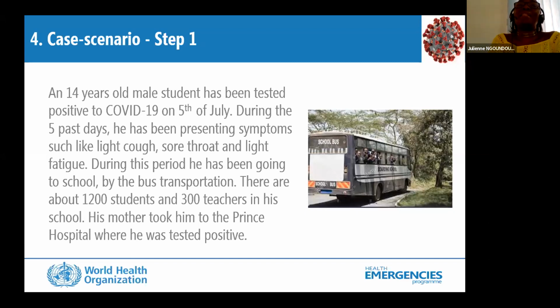During the past 5 days, he has been presenting symptoms such as light cough, sore throat, and light fatigue. During this period, he has been going to school by bus transportation. There are about 1,200 students and 300 teachers in his school. His mother took him to the Prince Hospital where he tested positive.